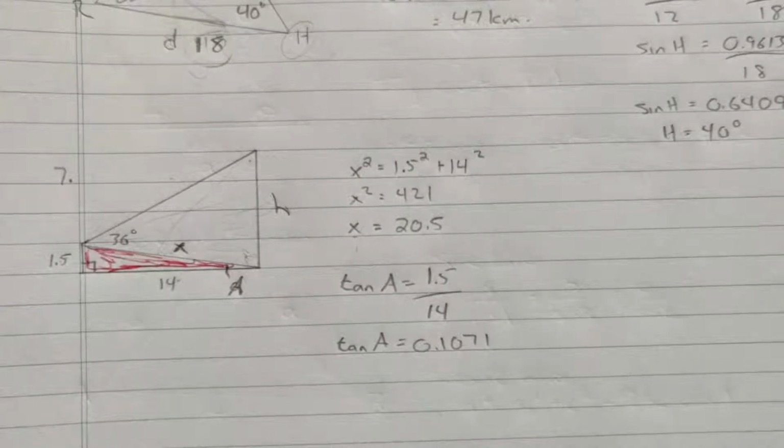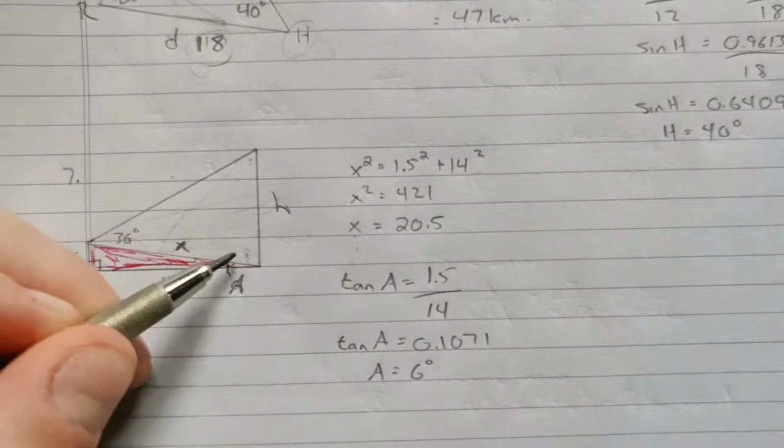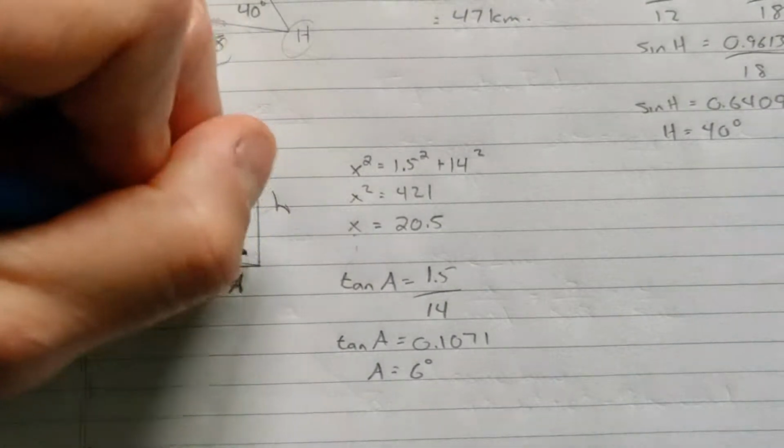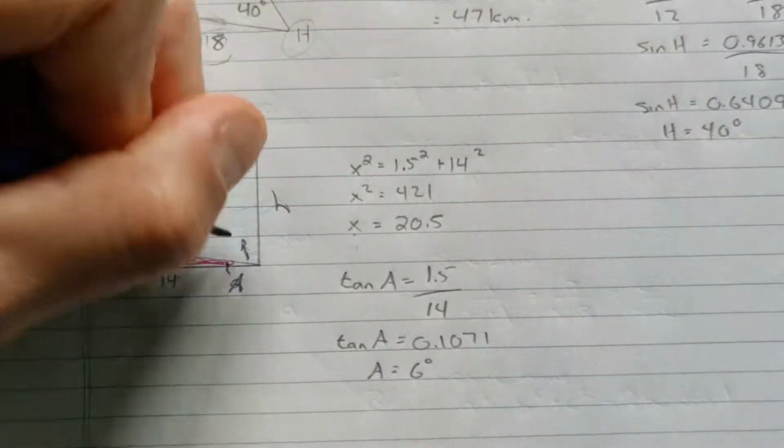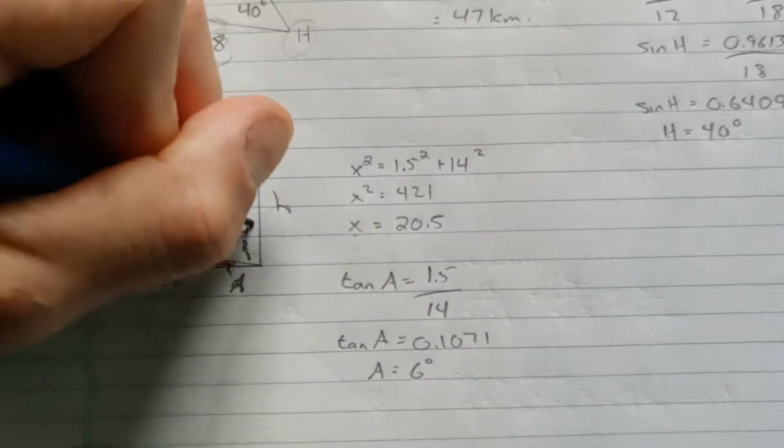We're going to get a pretty small angle here in this case. So I'm looking at about 6. Let's say about 6, so our angle is 6 degrees. So if this A is 6 degrees, that means 90 minus 6 is going to leave me here 84 degrees.